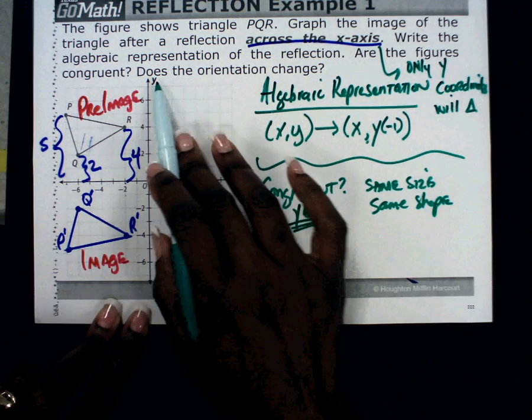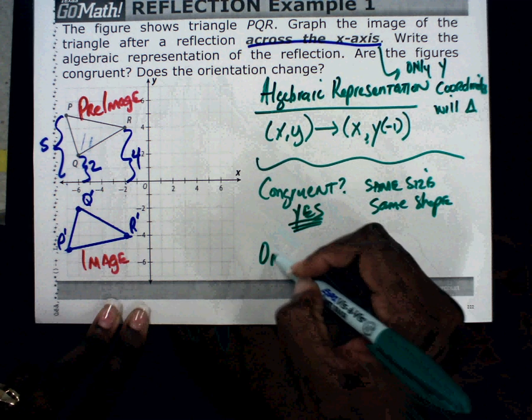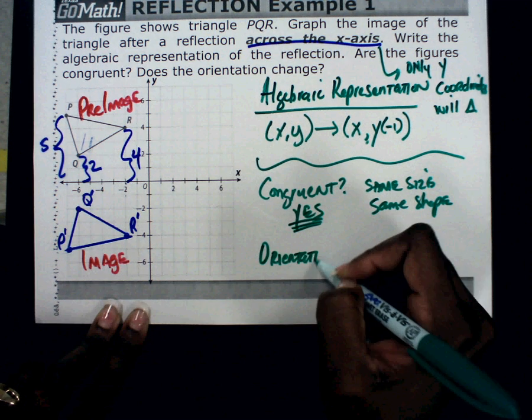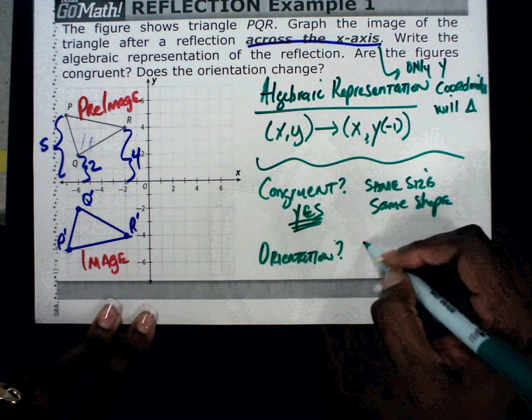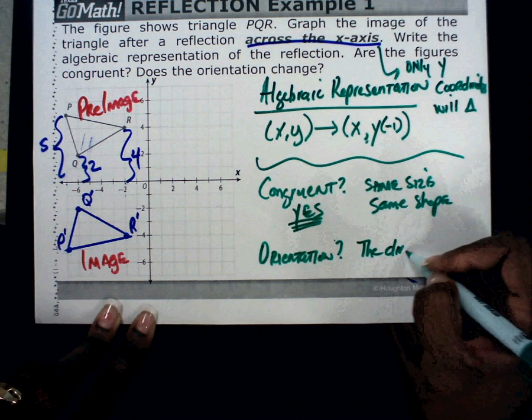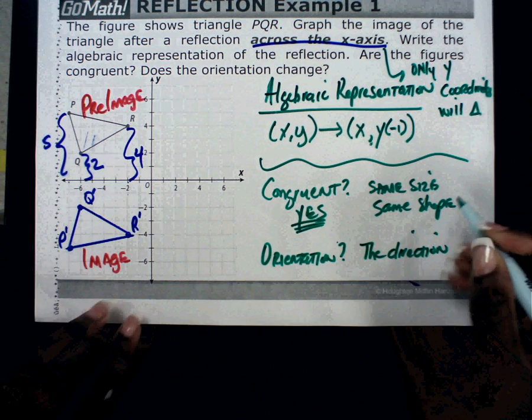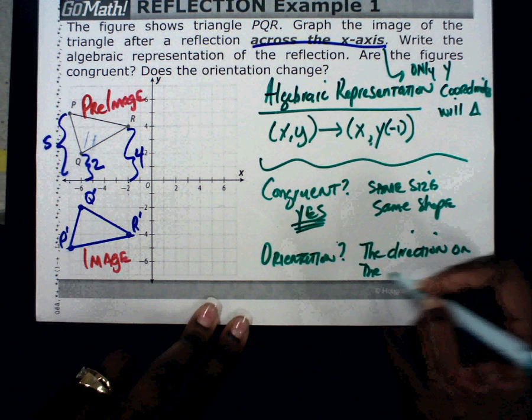And then the next question says, does the orientation change? So orientation simply means the direction on the coordinate plane.